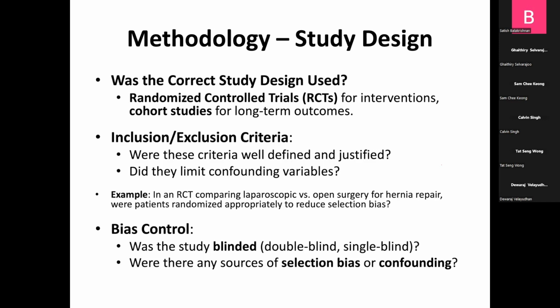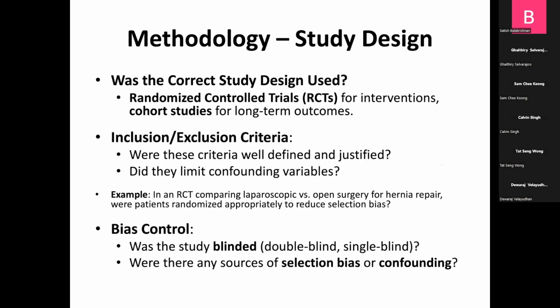However, you have not assessed whether patients have got diabetes or not, that means you have not limited the confounding variables. You must assess diabetes, nutritional status, etc., and you must make sure that is accounted for before you look at whether the skin prep makes a difference in your infection rates.